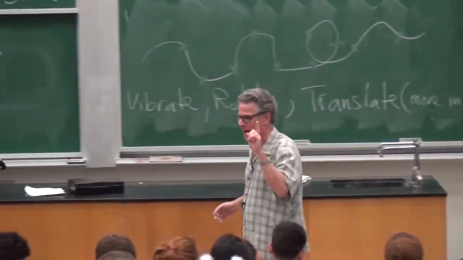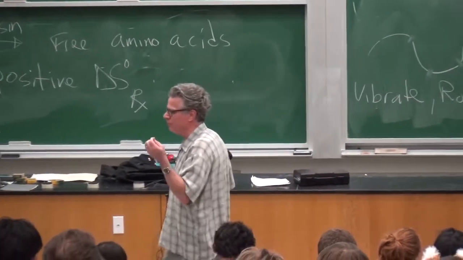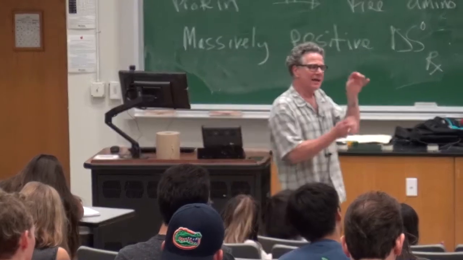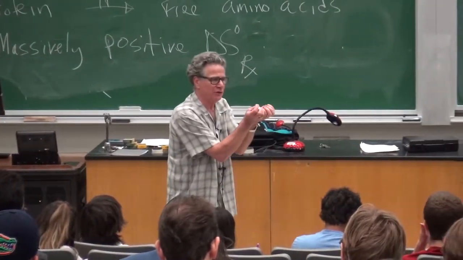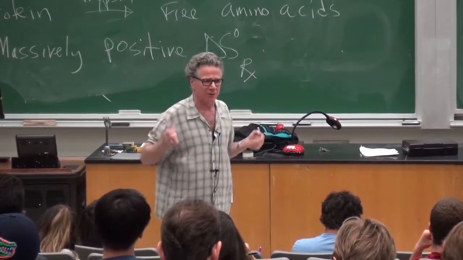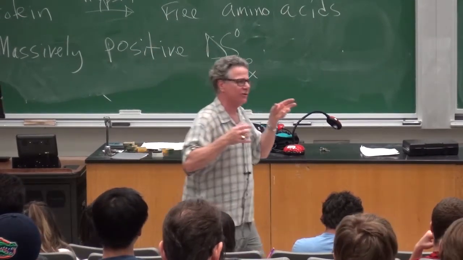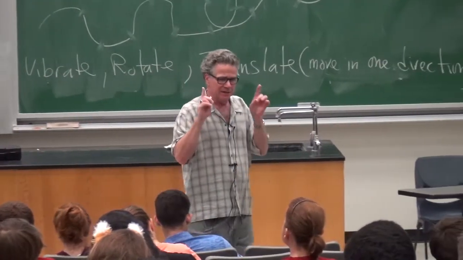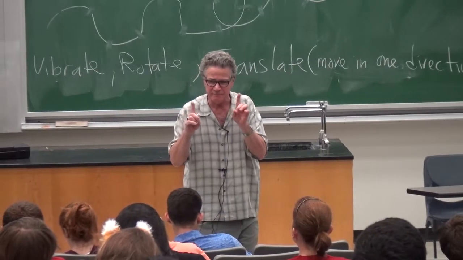Now, I want to return to the notion of taking a low probability situation and creating a much higher probability situation. Again, coming back to this notion that an entropy change is all about probability. Here's the way I want you to think about it.